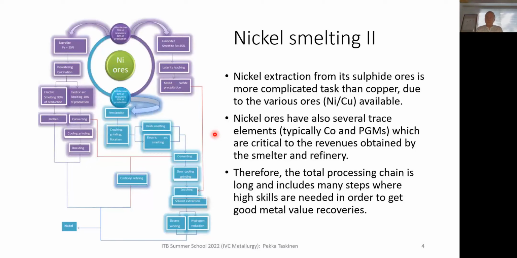So these are very important sources of revenues for the smelters, and therefore the recoveries of these minority metals are also important, and they are probably more important in nickel smelting than in copper smelting.